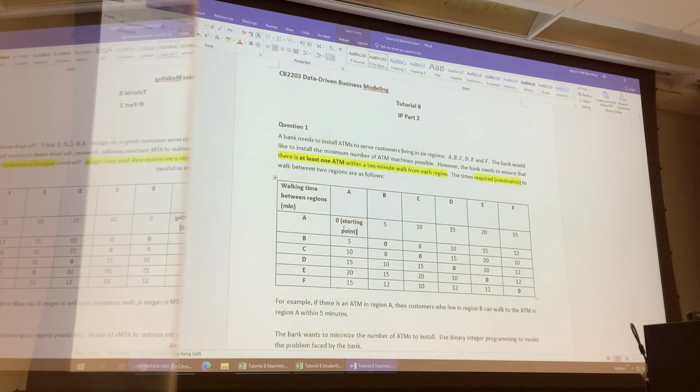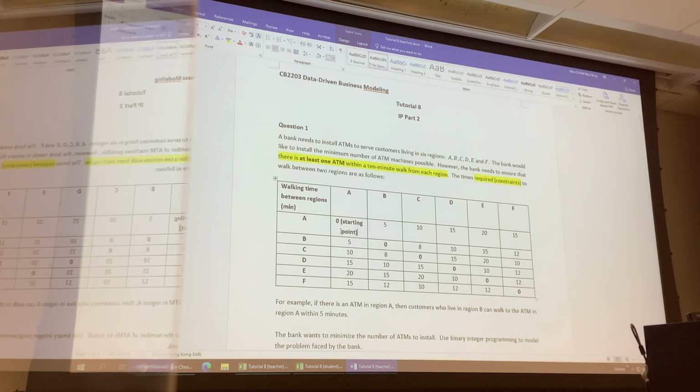So if you are in region A and then you walk to region B, you need 5 minutes. And if you are in region A and then you walk to region E, you need 20 minutes.